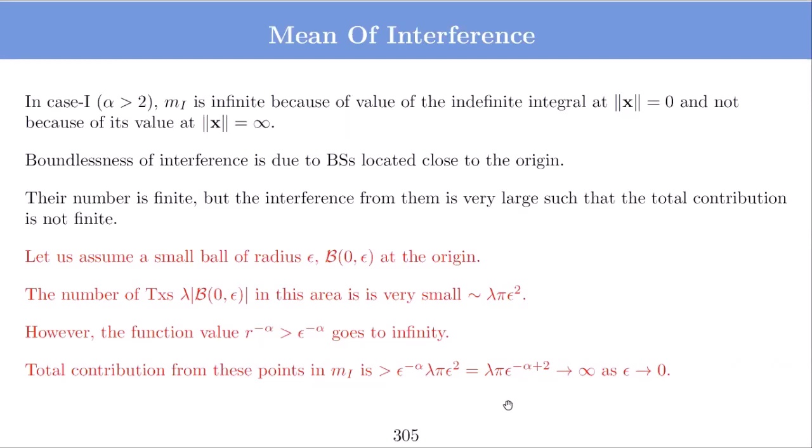The probability that there is no point in the ball of radius 2 is e to the power minus lambda pi 2 square. With that probability, the interference is bounded by some finite amount.